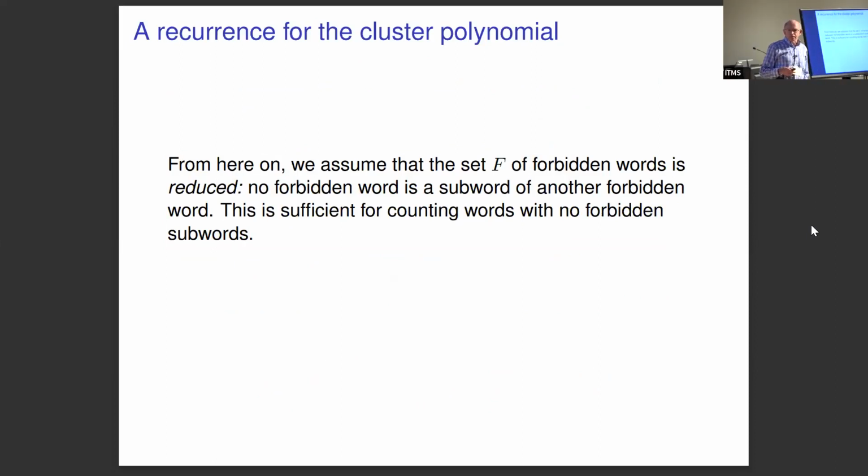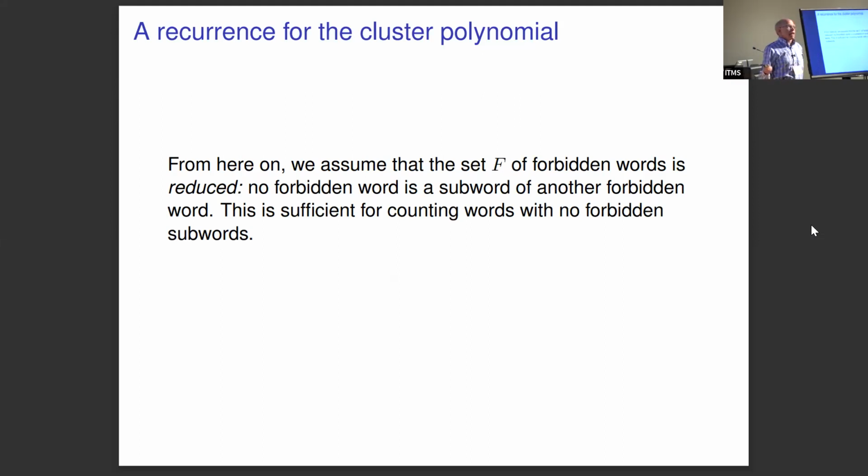Well, we're going to get a recurrence for the cluster polynomial from which it'll follow. So first, things will be easier if I assume now that the set of forbidden words is what I'll call reduced, which is that no forbidden word is a proper subword of another forbidden word.